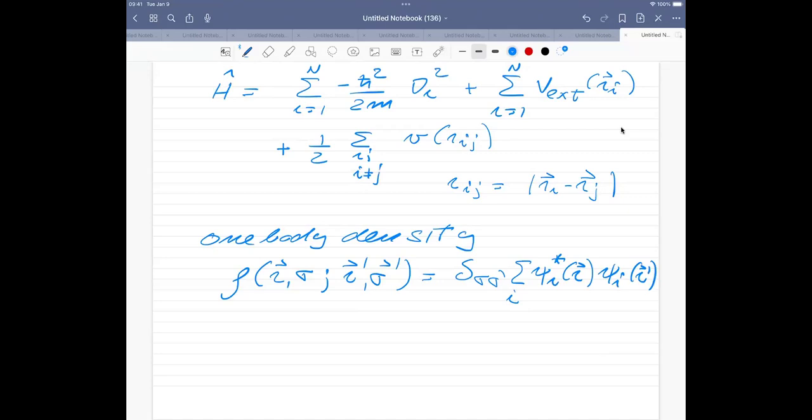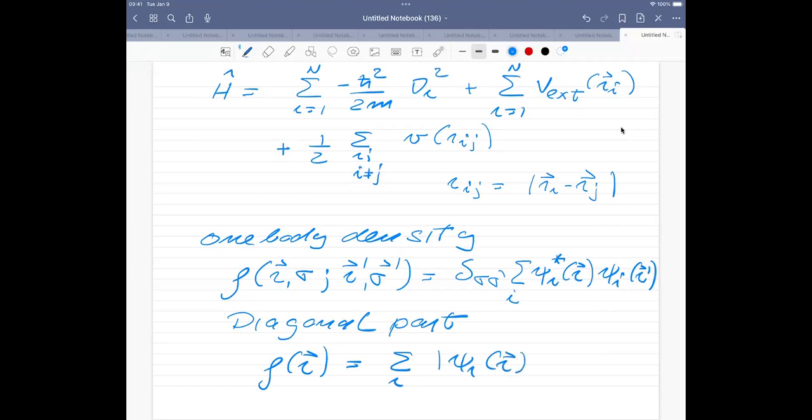So we would typically write this out in terms of, if I look at the diagonal part, this is something which we would get if we assume just one Slater determinant.